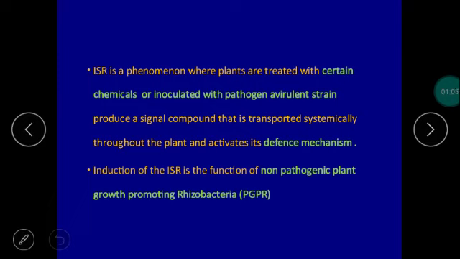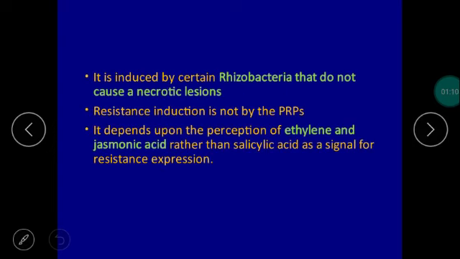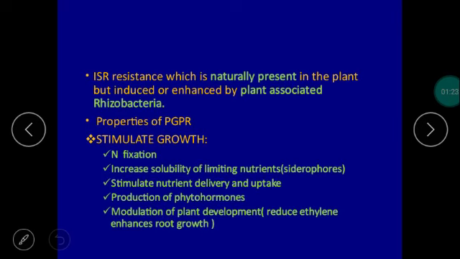The induction of ISR is mainly by non-pathogenic plant growth promoting rhizobacteria, which do not cause necrotic lesions. It depends upon ethylene and jasmonic acid compounds, but salicylic acid is involved in systemic acquired resistance. Induced systemic resistance is naturally present in the plant, but we are enhancing it by external application.